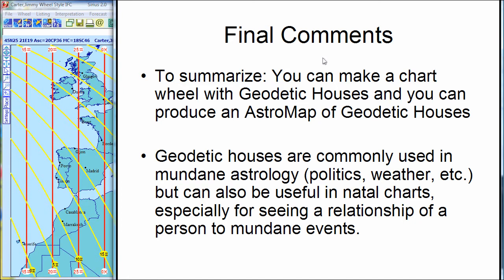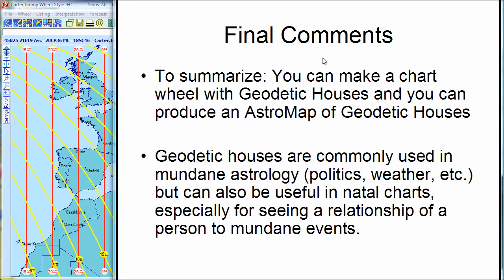The geodetic house astromap, what's called in Kepler and Sirius the geodetic planet map, because it maps your planets onto the geodetic house grid, is probably the most common use of geodetic houses.